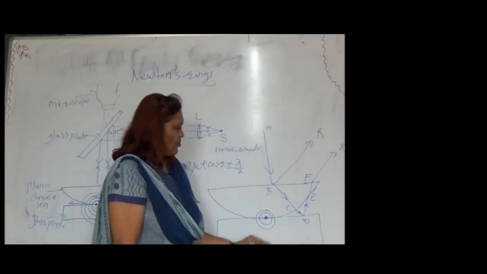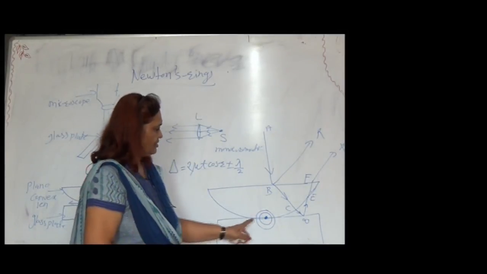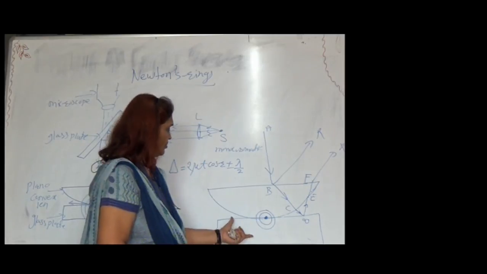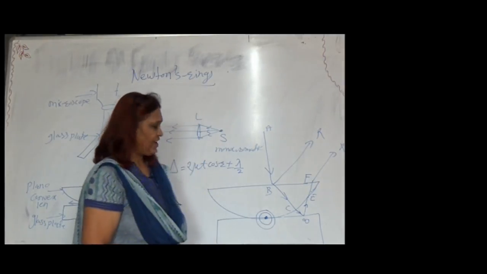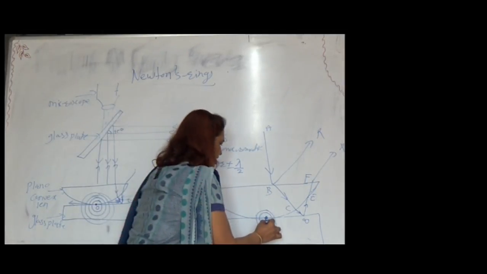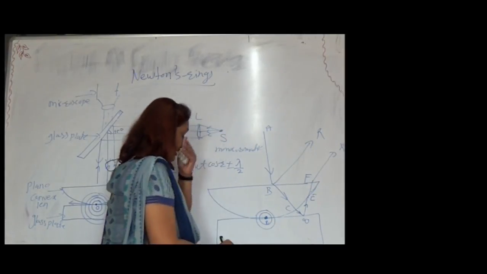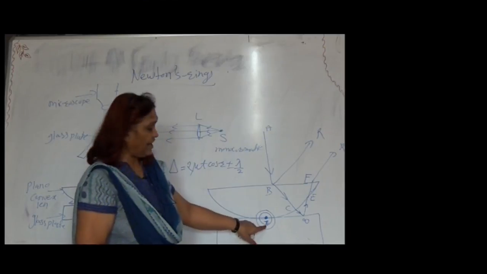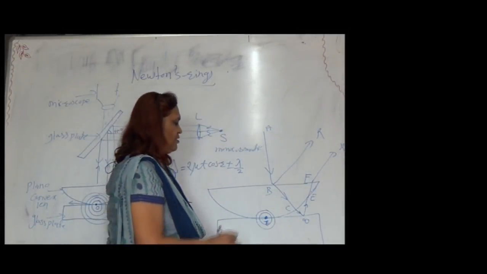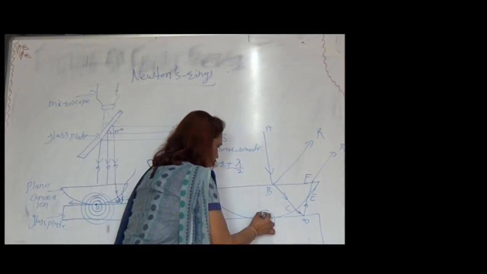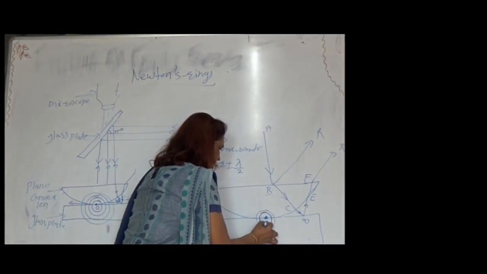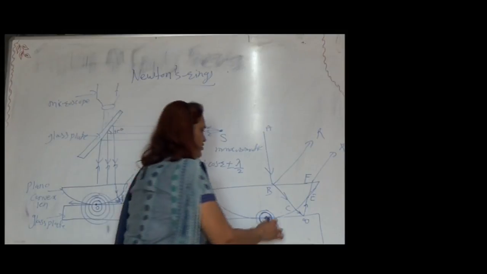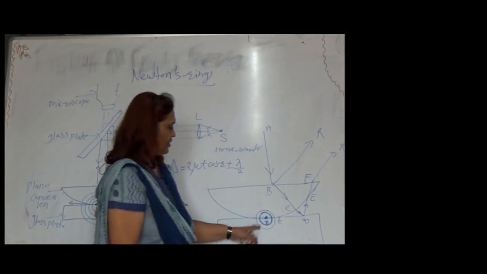Around the point of contact, at a specific distance, the thickness is constant for all the points around it. Suppose we consider R1 as the radius of the first ring. For R1, which is a locus of points around the point of contact, the thickness is T1, the same for each point.